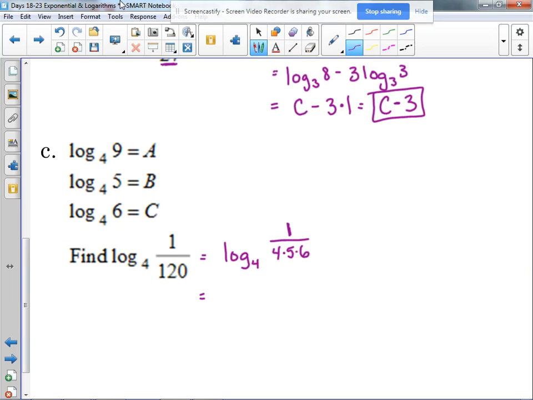Now we have a quotient, so that becomes the difference. And then we're multiplying 3 things, so that becomes the sum there.